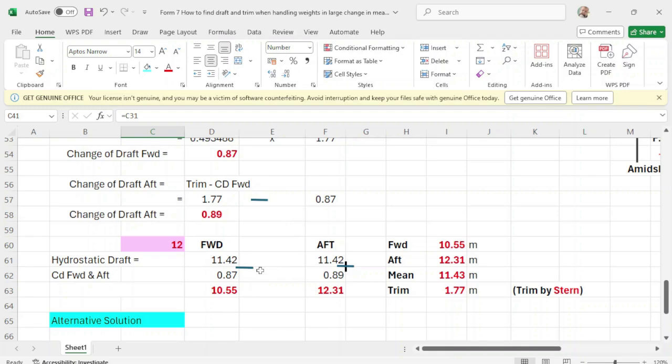You subtract the forward, that will be 10.55, and add the up, that will be 12.31. So your mean drop will be 11.43 here, but your trim is 1.77.